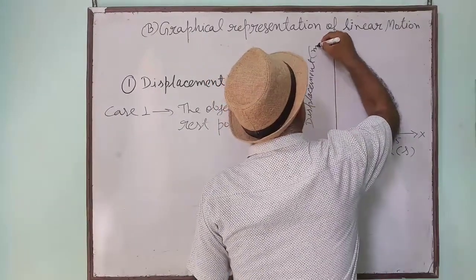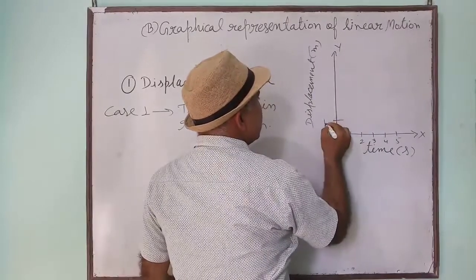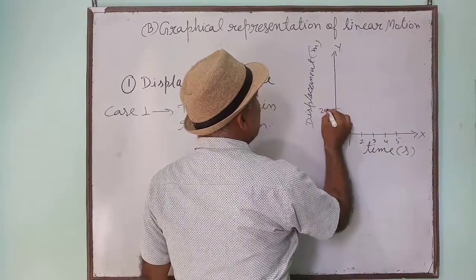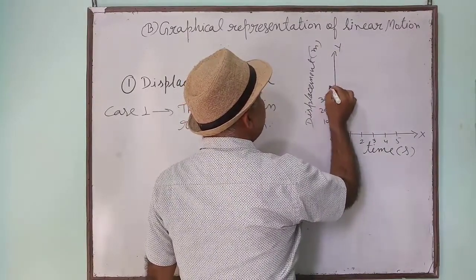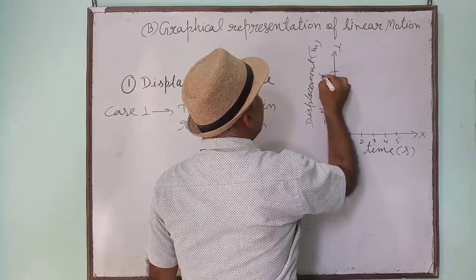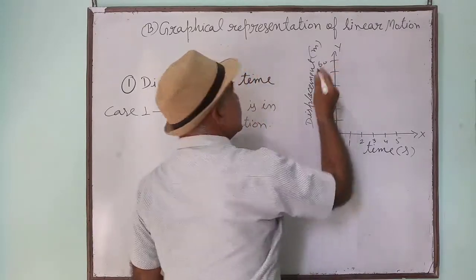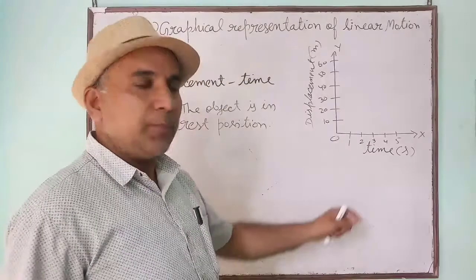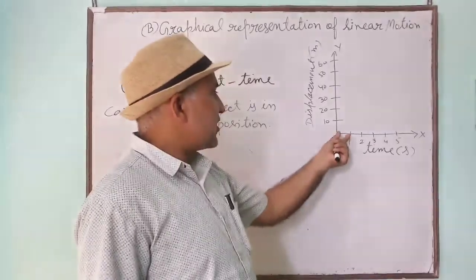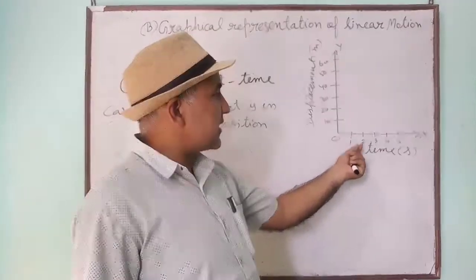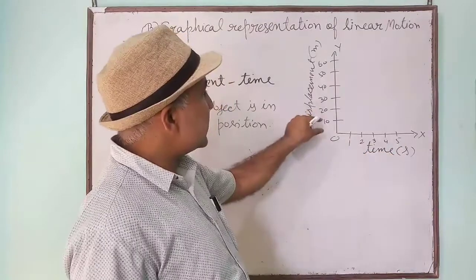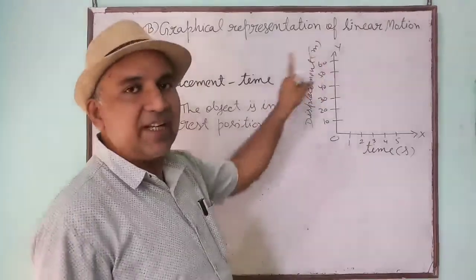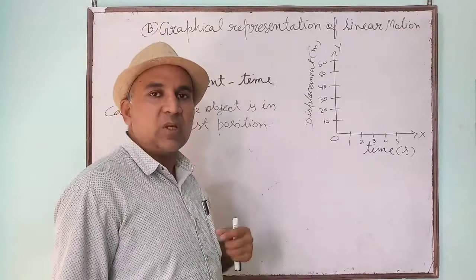Displacement we are taking in meter. See, this is 10 meter, 20 meter, 30 meter, 40 meter, 50 and 60 and so on. On the graph paper, you can take the scale. 1 centimeter is equal to 1 second in x-axis and 1 centimeter is equal to 10 meter on y-axis. This scale we will suppose.